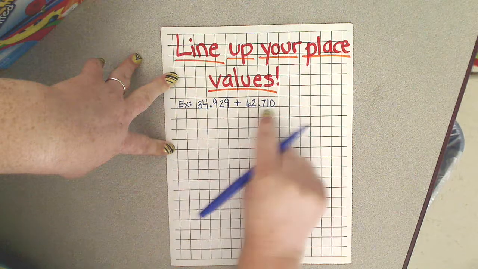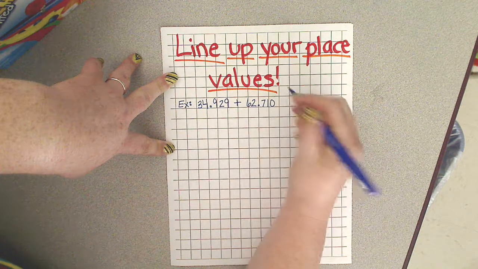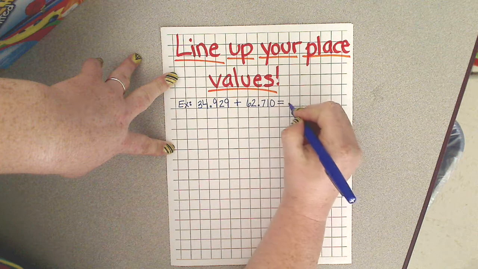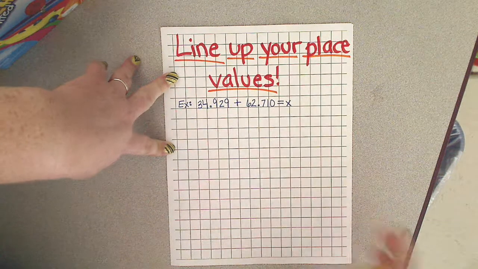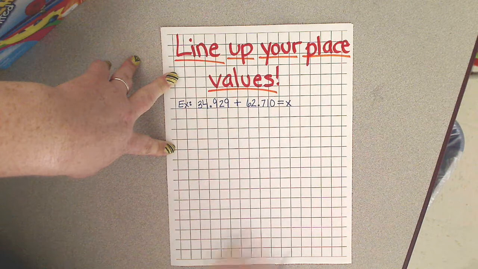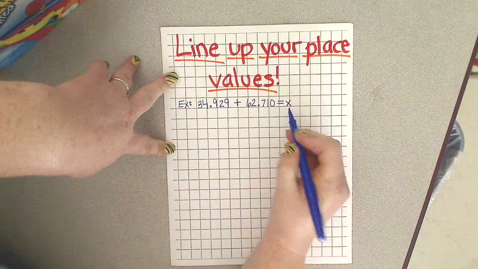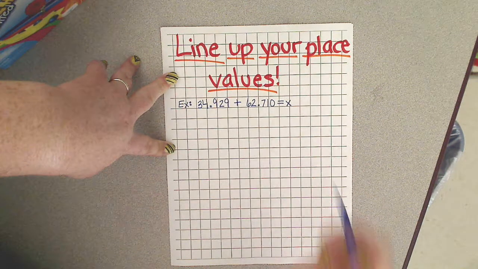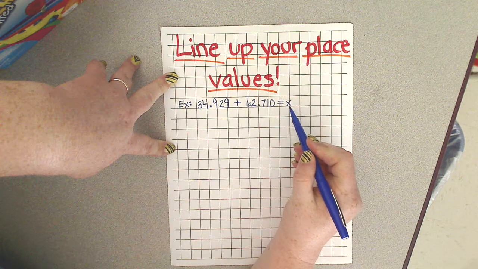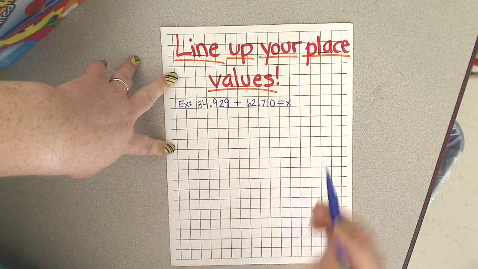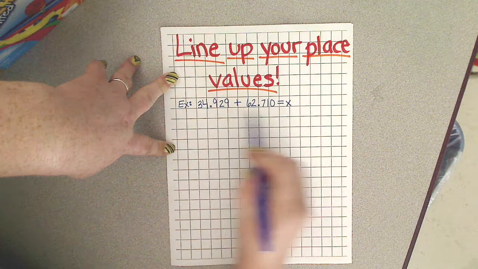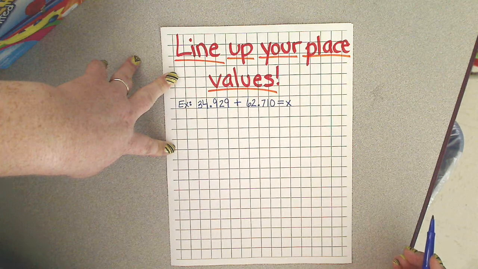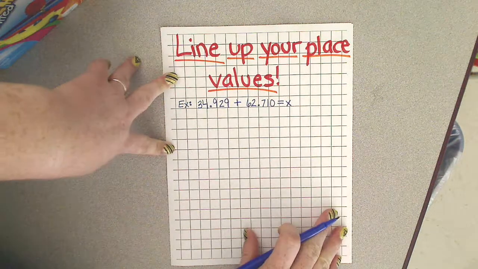Now, when you see problems like this, a lot of times they're going to say that this equals X, or it equals a letter of some kind, an unknown value. Don't let that letter mess you up. It's a placeholder. It's just saying that some number is going to go there that represents the sum of these two addends. That's all it is.